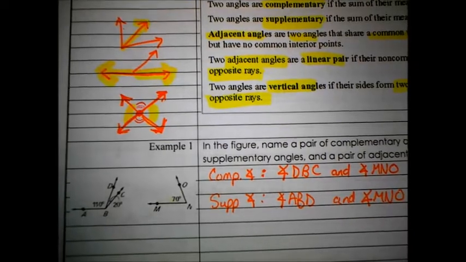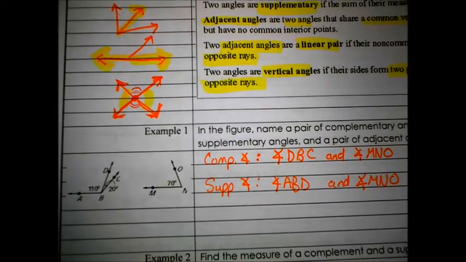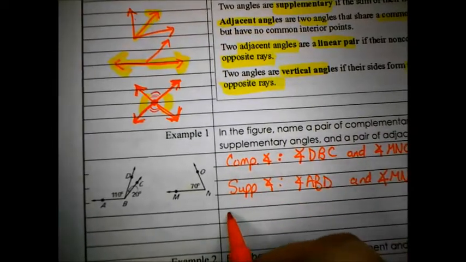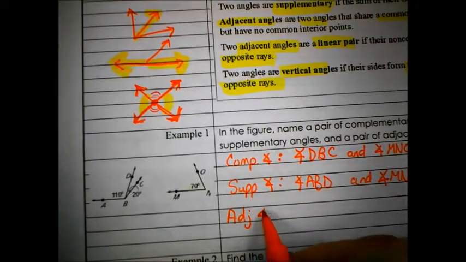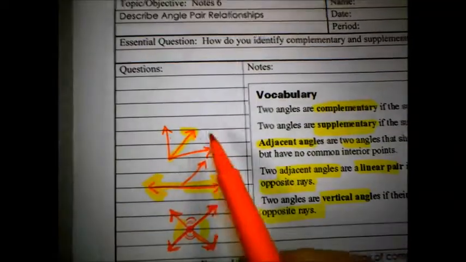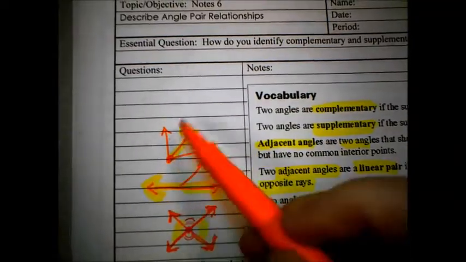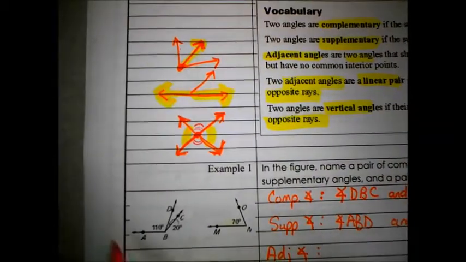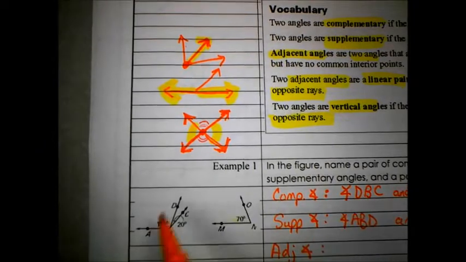Okay. And then lastly, I have name a pair of adjacent angles. Okay, so adjacent angles. Remember, adjacent are two angles that share a vertex as well as a ray. And if I'm looking at my angles, this one only has one angle, but this one's got two. These are my adjacent angles.